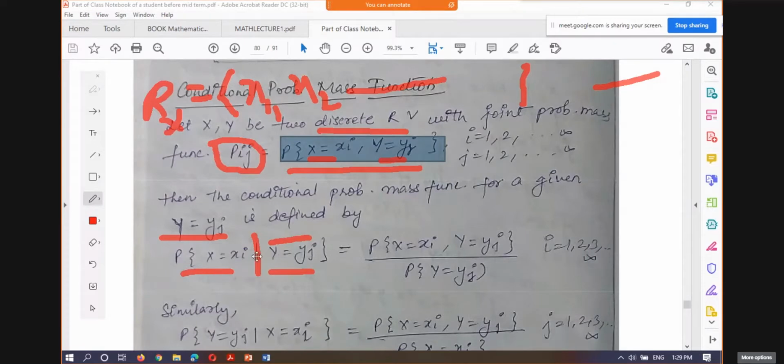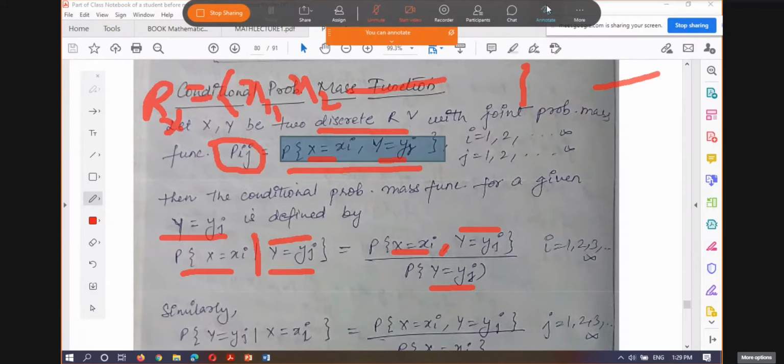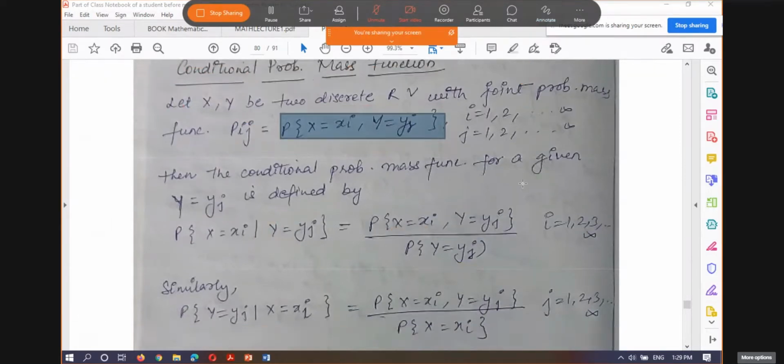For that we use the definition of conditional probability, and you know that this comma actually represents the intersection of these two events. So probability of A intersection B divided by probability of B. This is the way we generate the conditional probability distributions.